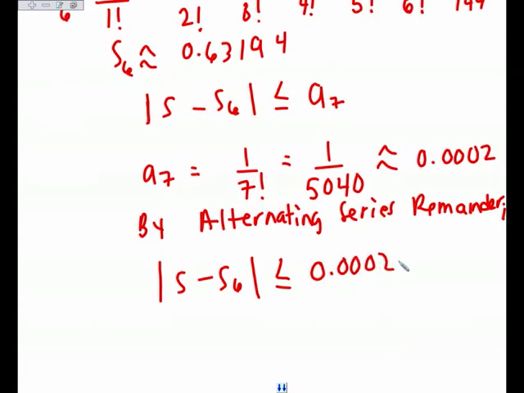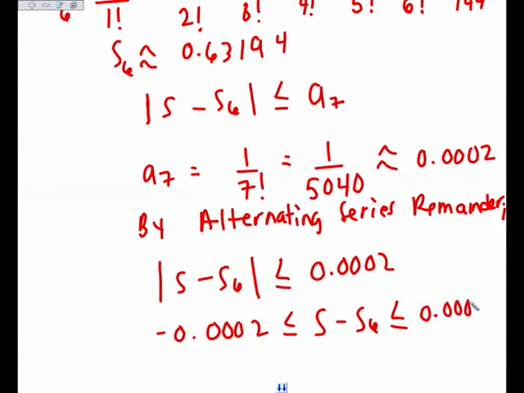Which means then, if I were to solve this absolute value problem, we literally have this, that negative 0.0002 is less than or equal to s minus s sub 6, which is less than or equal to 0.0002.